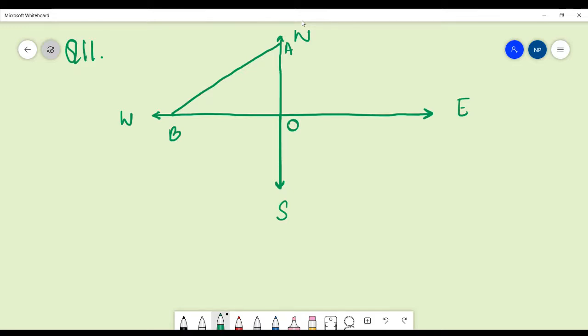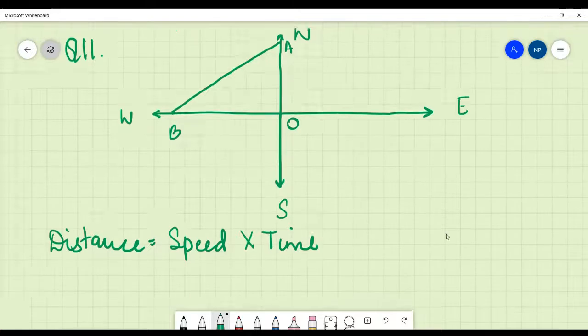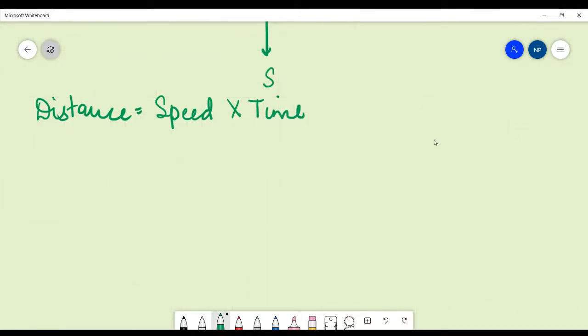So from here we are going to first of all write that we know the distance. What is the formula of distance? Distance is equals to speed into time, right? So over here, first of all, we are going to calculate the distance.